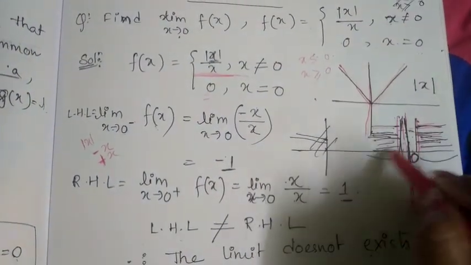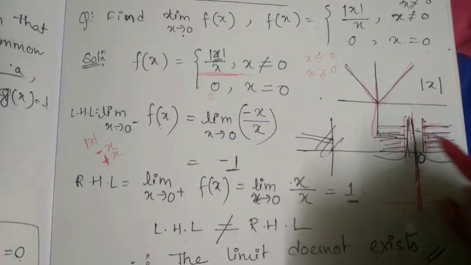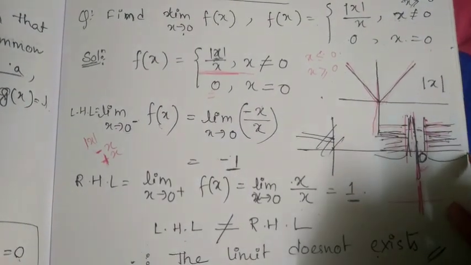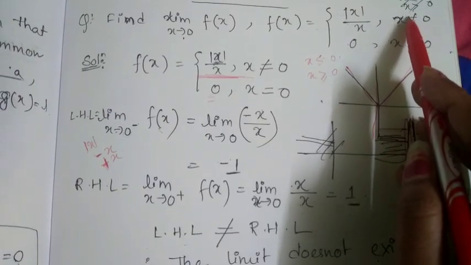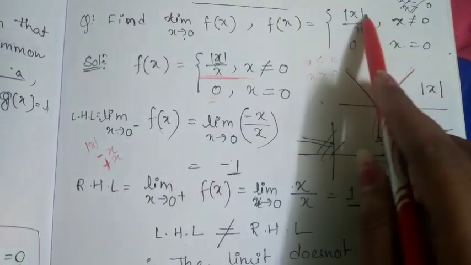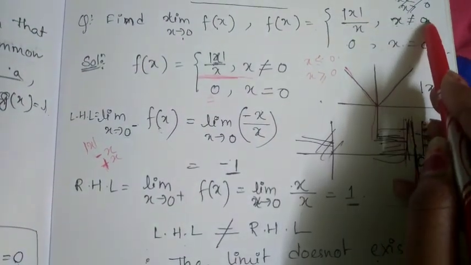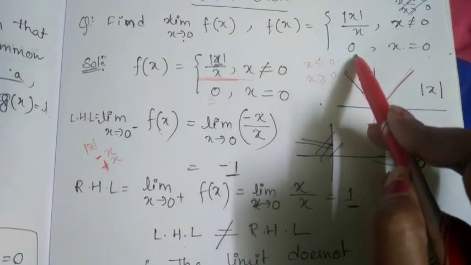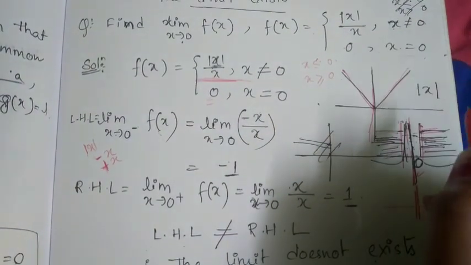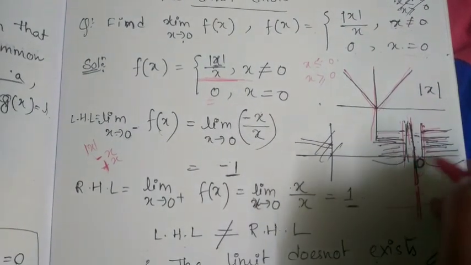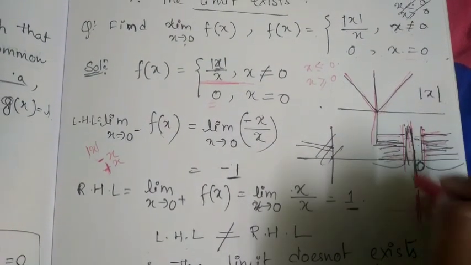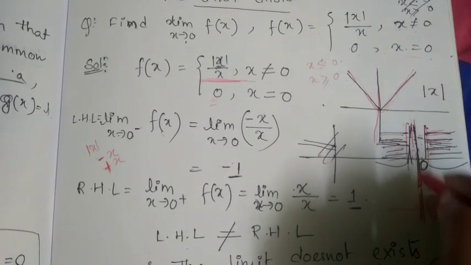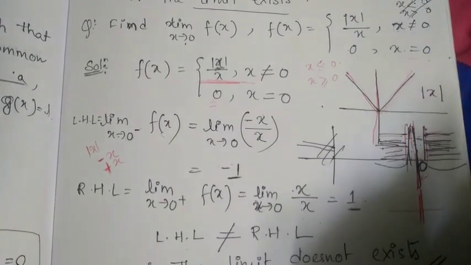Let this be your xy plane. Now it is told that this function is for x not equal to 0, and for x equal to 0, it is the 0 function. Now what is the meaning of x equal to 0? X equal to 0 means it lies on the y-axis, right? At some point it lies on the y-axis.